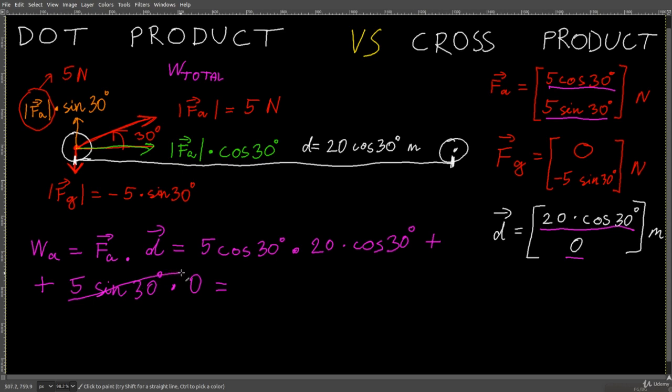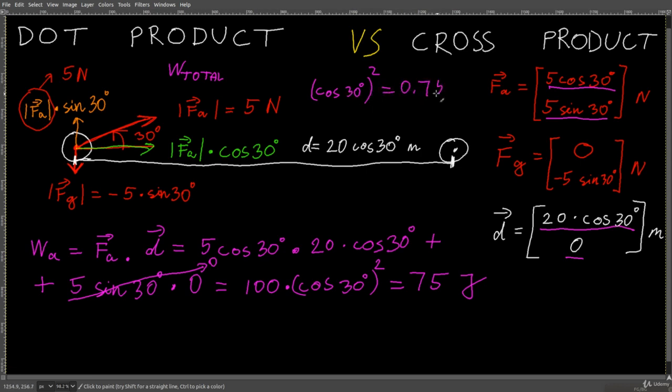As a result, this term will be 0, and you're left with 5 times 20, which is 100, times cosine 30 degrees squared. And that will give you 75 joules. So cosine 30 degrees squared equals 0.75.